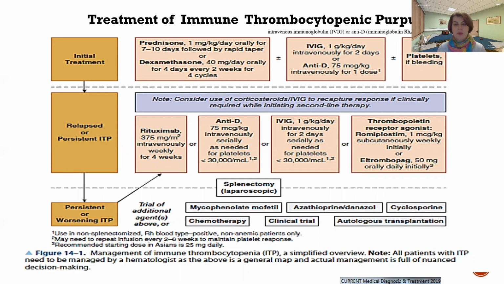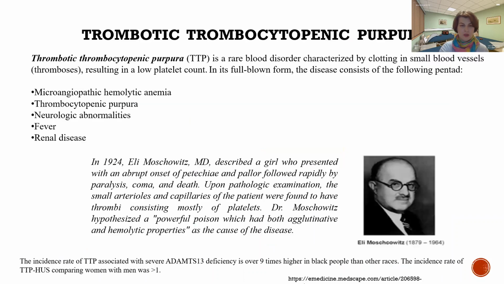Combination or monotherapy of rituximab, anti-D drug, intravenous immunoglobulin, or thrombopoietin receptor agonist can be used. If all this does not help, laparoscopic splenectomy should be assessed as a treatment for the patient. In case of worsening of immune thrombocytopenic purpura, there are several additional agents such as chemotherapy, cytotoxic therapy, or autologous immune transplantation that can be used for treatment of the patient.